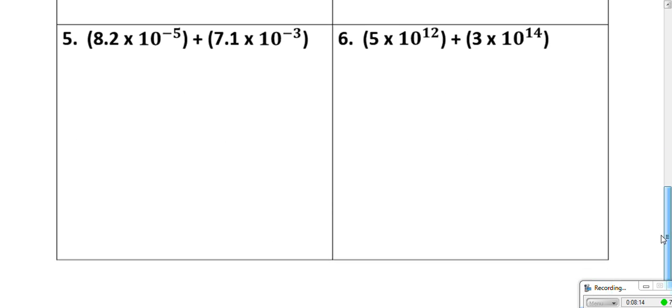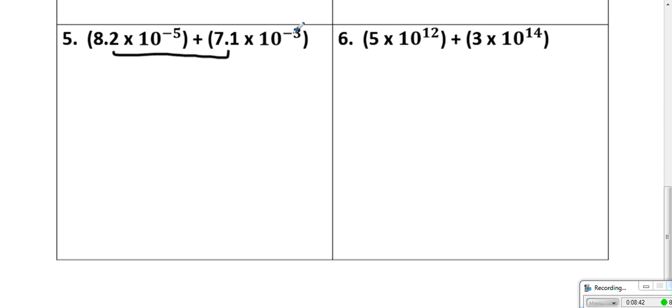Moving down to number 5, again, we're going to look to do 8.2 plus 7.1. We can't. This is a negative 5, and this is a negative 3. I have two options here. You have two options every time. You could either take the negative 5 and bring it up to a negative 3, or you could make the negative 3 a negative 5.